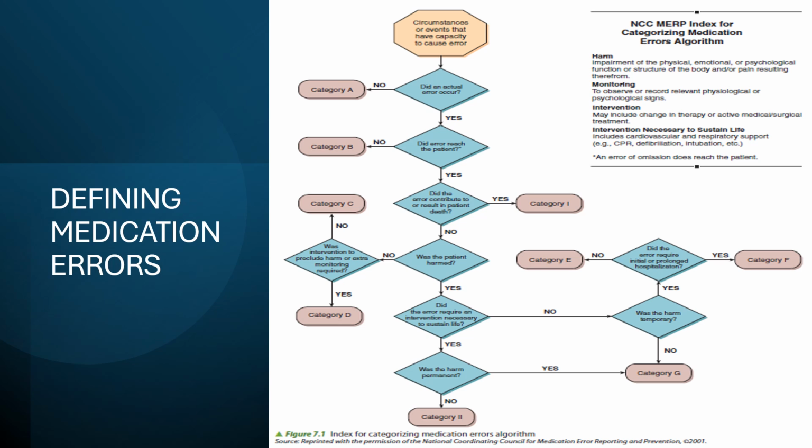This index categorizes medication errors by evaluating the extent of the harm an error can cause. Stated simply, a medication error is any error that occurs in the medication administration process whether or not it harms the patient.